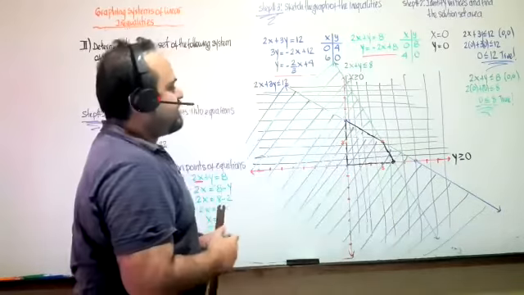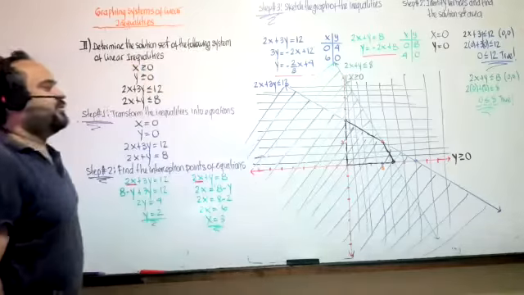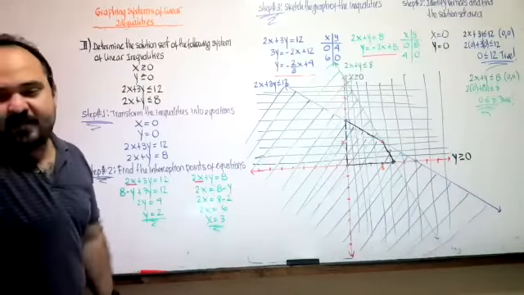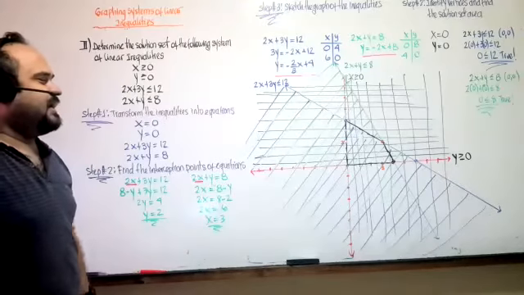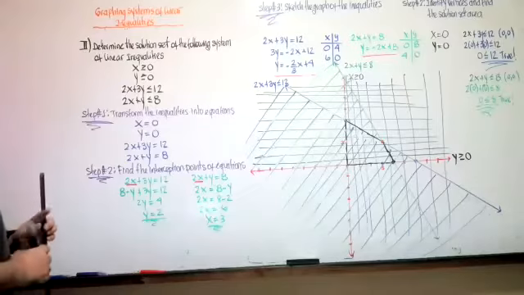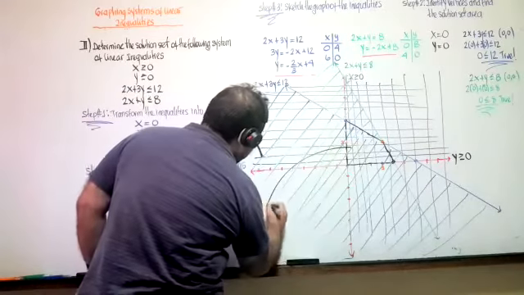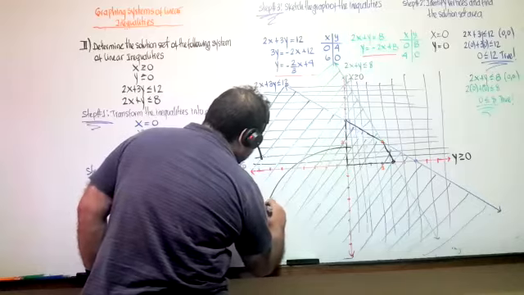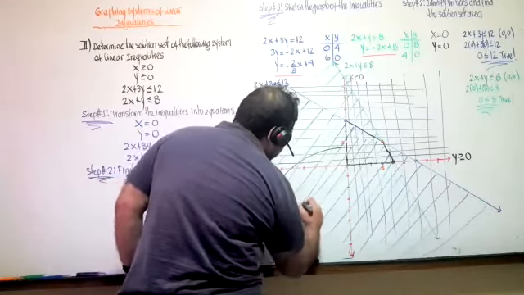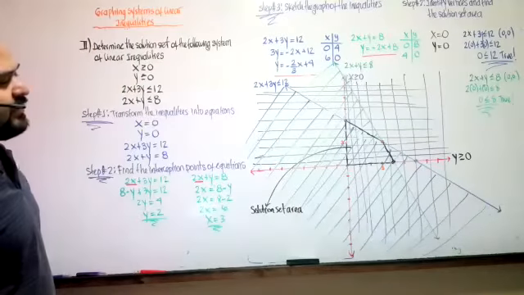Ese contorno viene siendo la solución, porque ahí coinciden todos los colorcitos, todos llegan a pegar en ese contorno. Ahí estamos hablando del área sombreada, o sea, the solution set area.